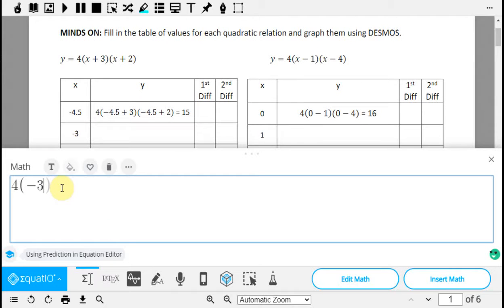Minus 3 plus 3, and then minus 3 plus 2. So I've replaced the 3 in where the x's are in this equation. And this one turns out to be an easy one to evaluate because minus 3 plus 3 is 0. And so I'm not going to put that in my calculator because I know that 0, which is in this bracket, times anything is 0.